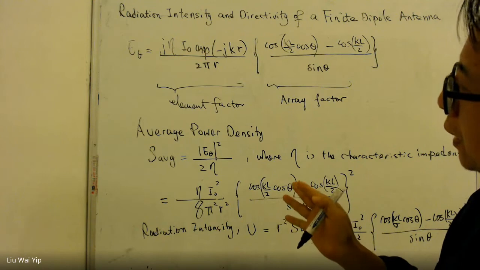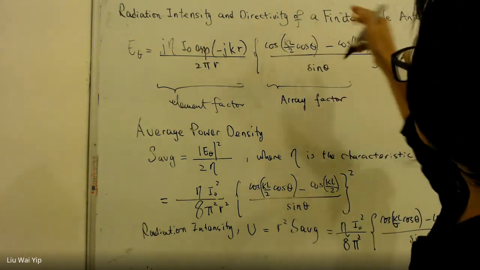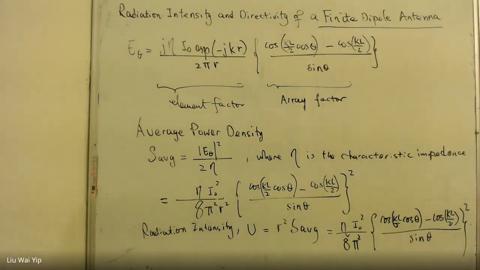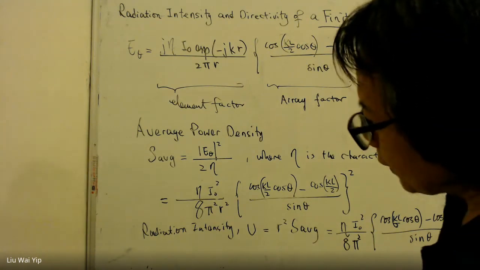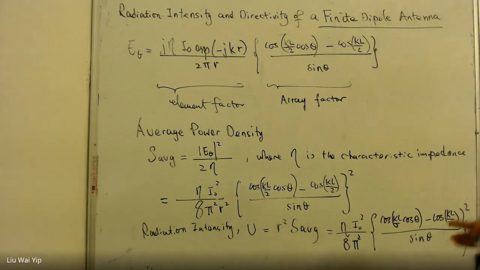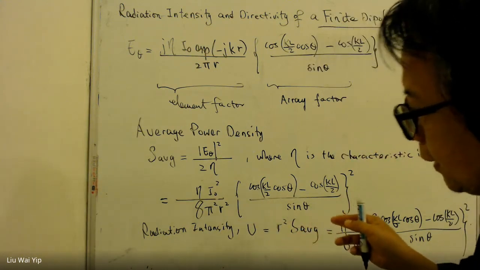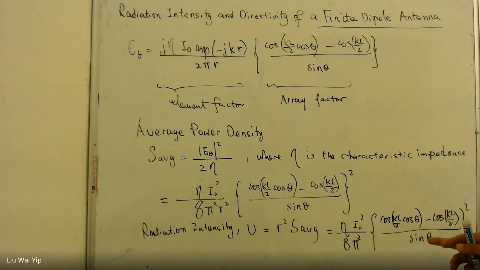Fortunately, when you look at finite dipole antennas, there is a certain class of dipole antenna where we can further simplify the expression and we can calculate the directivity easily.